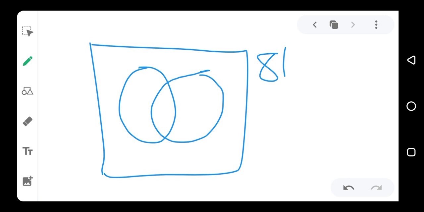So let's call the intersection X. That is the portion of the girls that are included in the day students. So this X and all the boys are day students.